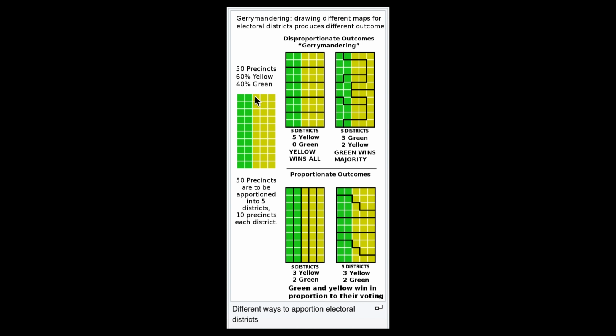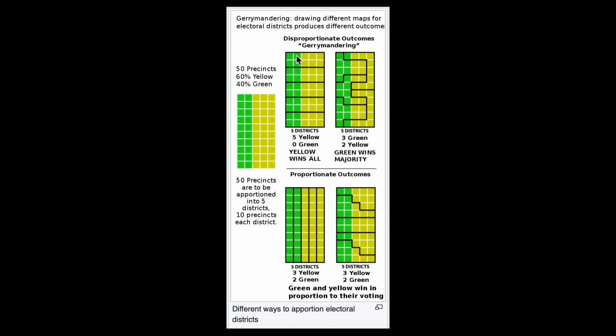So if we need to draw 5 districts for the election with equal size, there might be many ways to divide the 50 voters. On the right side, we can see that there are 4 different ways to divide the districts. The first one, if we look at this one, the 5 districts were drawn using horizontal lines.